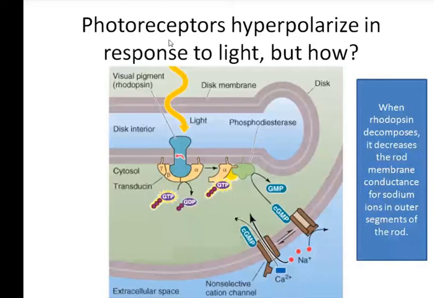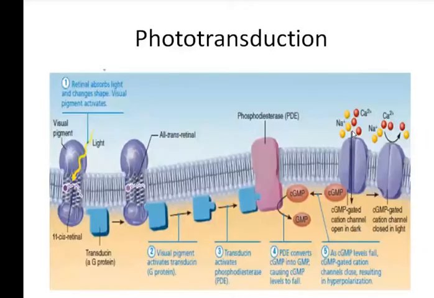In the resting condition, there is influx of sodium going on. When the light was not there, sodium flowed in, but when the light is there, it closes the cGMP-gated sodium channel. When sodium is not entering, the cell is not getting the positive ions, isn't it?